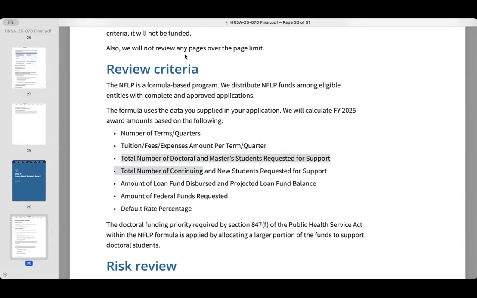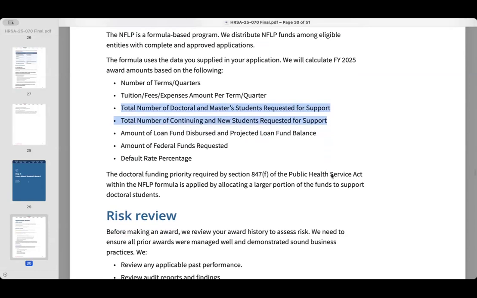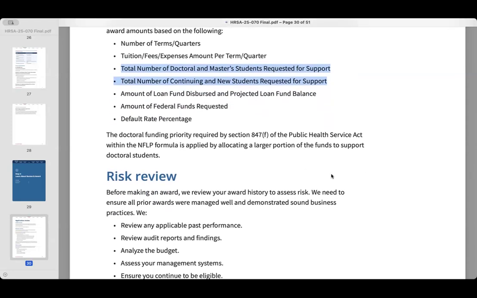And so what I would recommend in a case like that is when you are listing these, also put in parentheses an expansion of X. So that's clear that you are identifying one of the things that your institution will do with this award to grow the program in some shape or form.